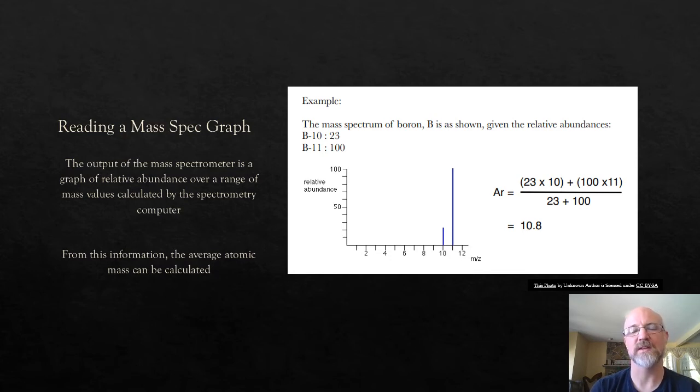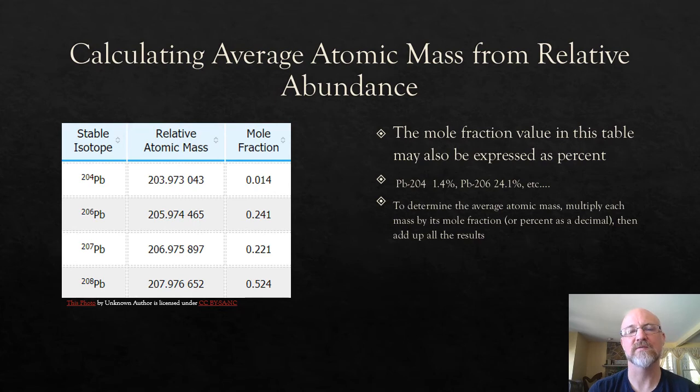So what's really relevant for us to understand here isn't so much the mass spec process. That's not the goal of this presentation, as much as understanding what the results are that we get out of it, and then how we use those results to calculate an average atomic mass. So from this result from mass spectroscopy, we can have a mole fraction or a percentage for each value that's relative based on charge to mass ratio, or mass to charge ratio, I should say.